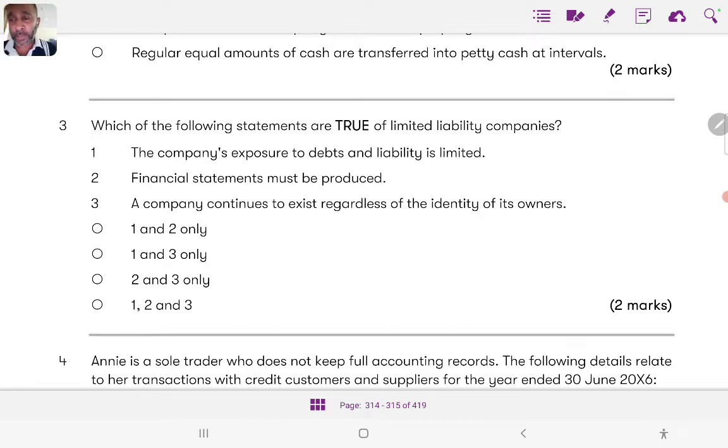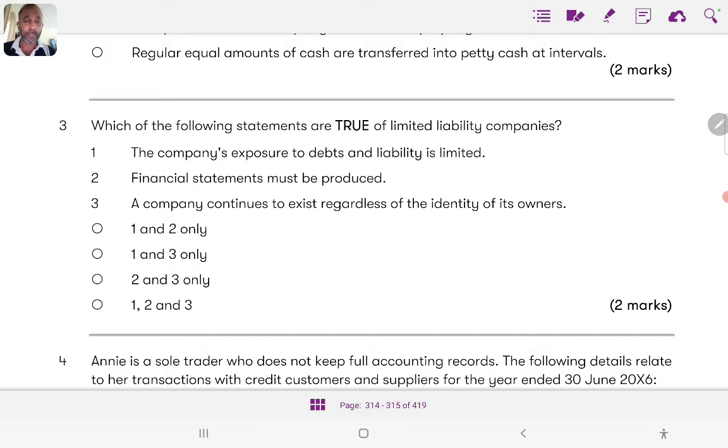And then question number 3, which of the following statements are true of limited liability companies? When you talk about limited liability, there are certain features or characteristics that we need to understand. The company's exposure to debt and liability is limited.